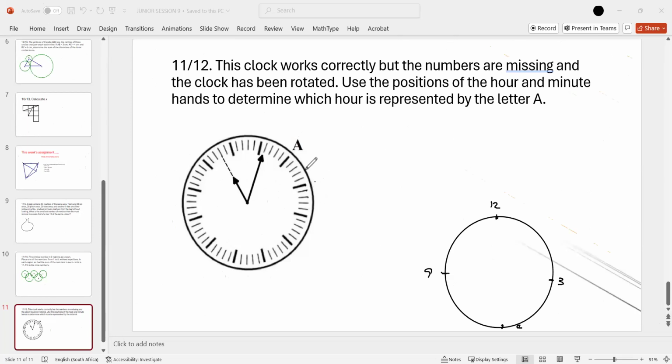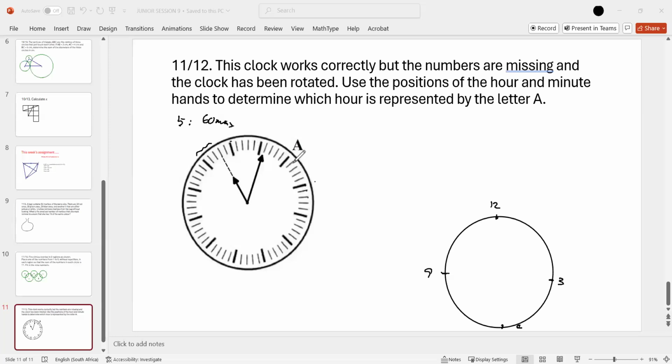The question is, what does A represent? Now the actual clue lies here. You see this hour hand. It's pointing exactly to that thing there. In other words, the hour hand has moved through 3 units of the 5. This 5 will represent 1 hour or 60 minutes.